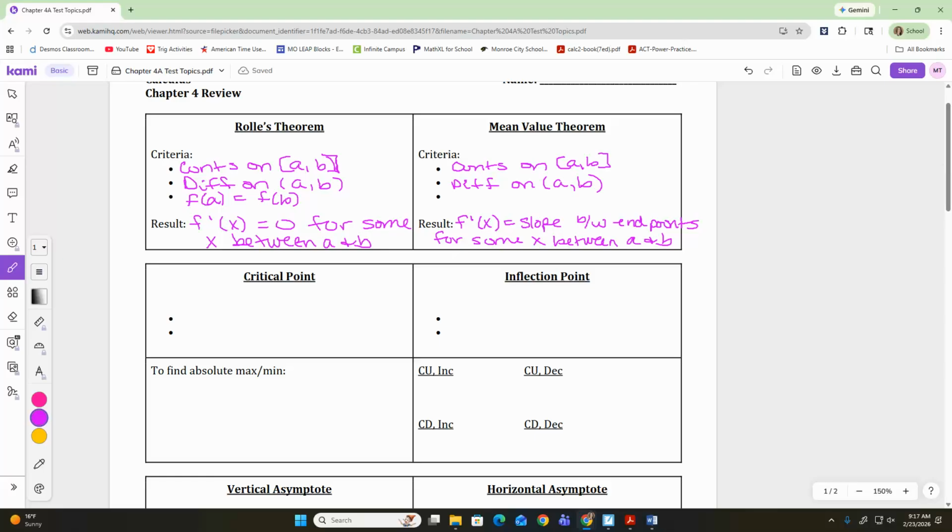Then let's talk about the difference between critical points and inflection points. Critical points are when the derivative is what? 0 or undefined. And these are points where you have local maxes or mins.